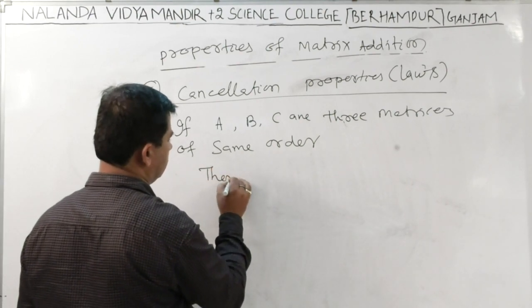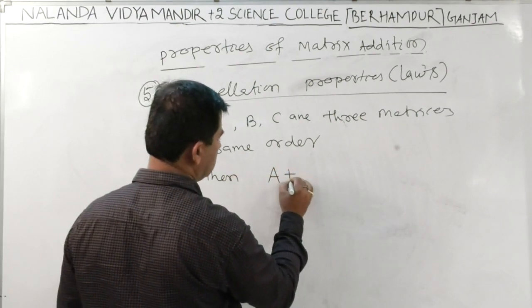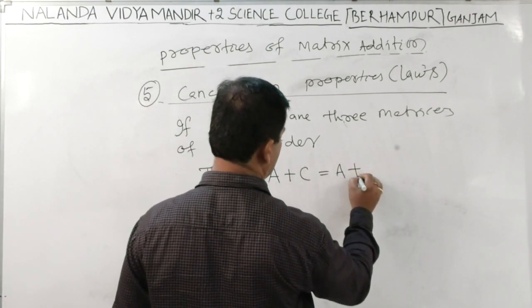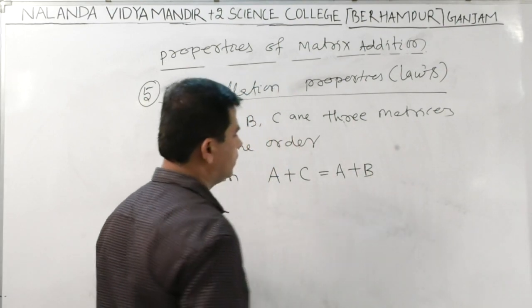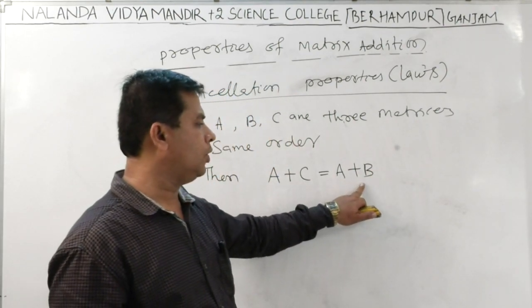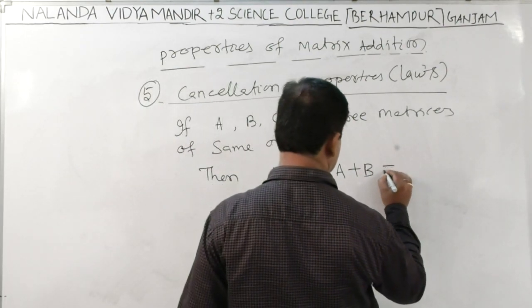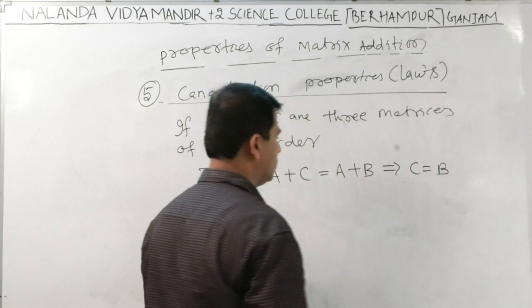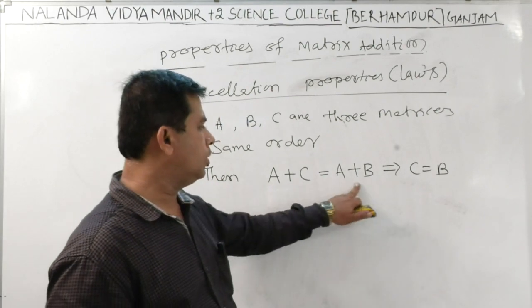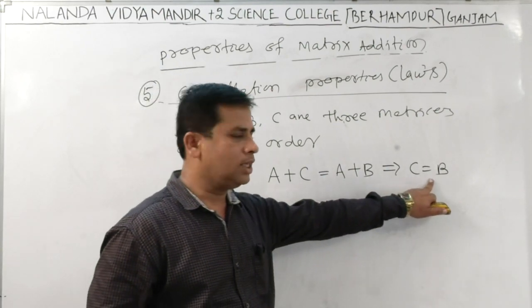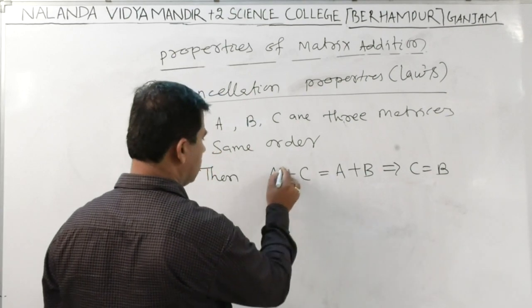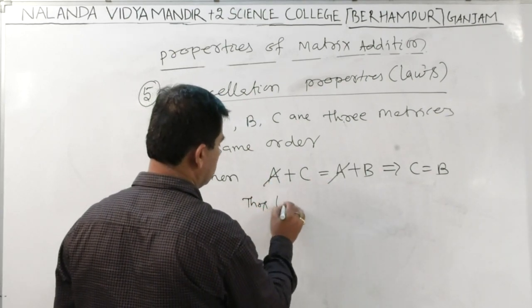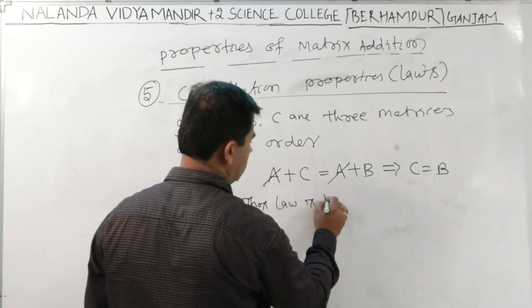then A plus C is equal to A plus B implies C is equal to B. This law is known as left cancellation law.